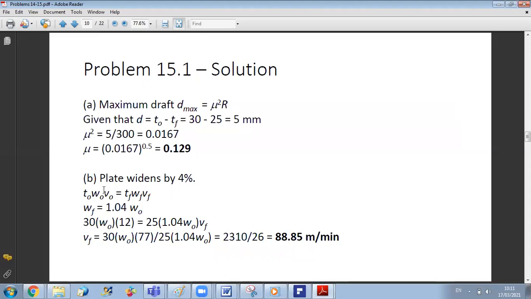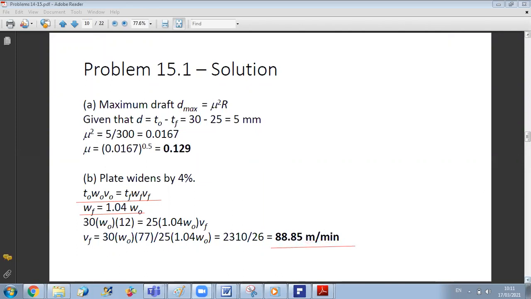Now in part B, to get the exit velocity, we applied the volumetric rate conservation, and using the relation between omega f and omega 0 it is simplified, and then I can get the value of V final. And since, as we said, V0 is in meters per minute, then I will get V final in meters per minute.